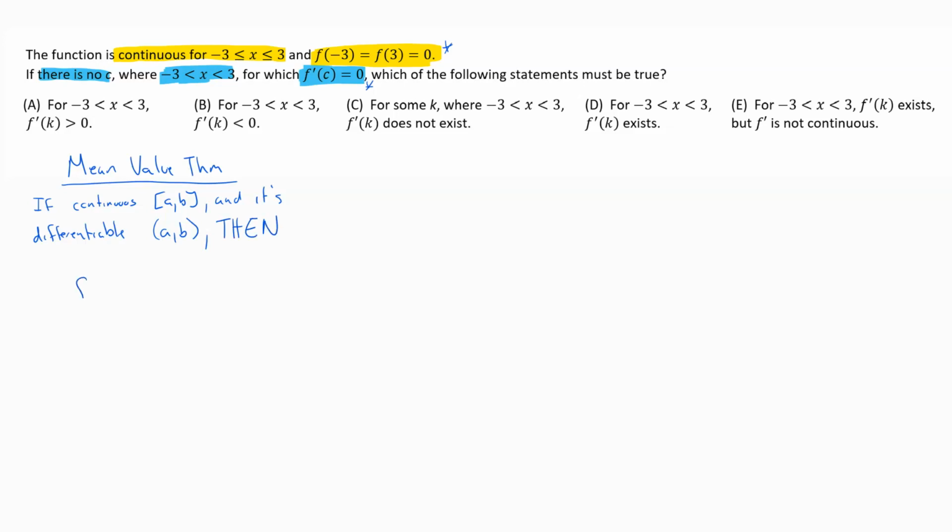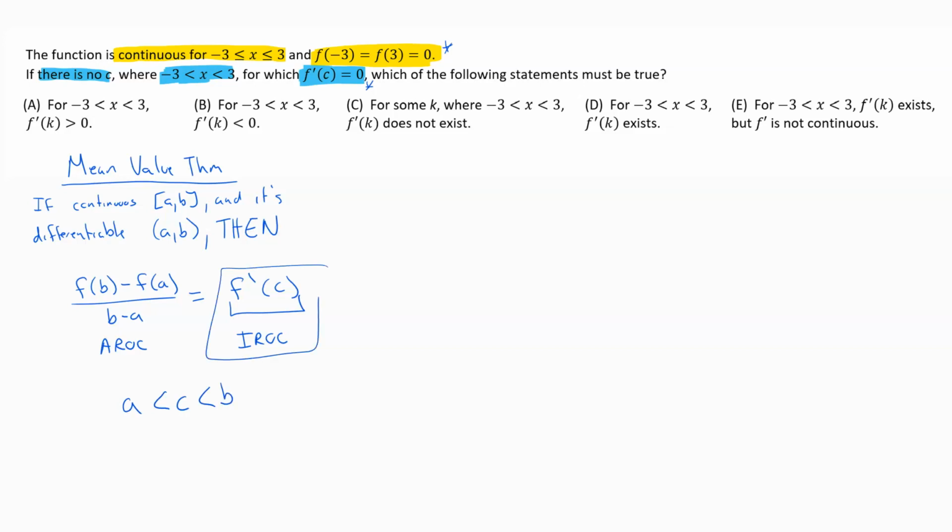My conclusion is that f of b minus f of a over b minus a, basically the slope connecting my two endpoints, my average rate of change between my endpoints, has to equal my instantaneous rate of change at some point in between. There has to be some c value in between those two endpoints such that the derivative value equals the average rate of change between those two points.